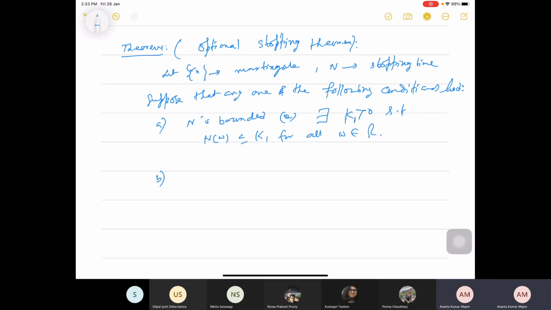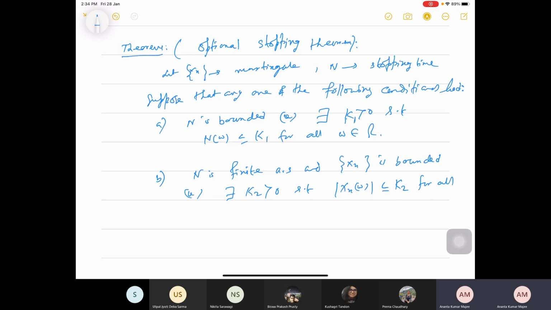And B, that N is finite almost surely, and X_n is bounded, that is, there exists k2 positive such that the modulus of X_n of omega is less than or equal to k2 for all n and all omega in Omega.